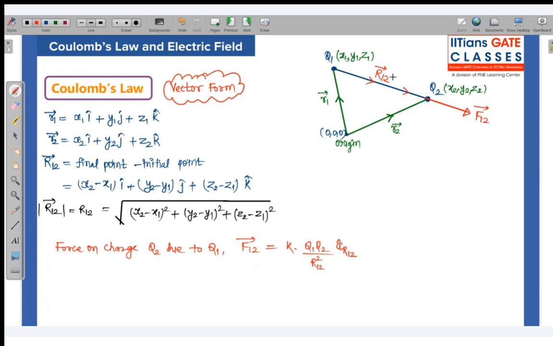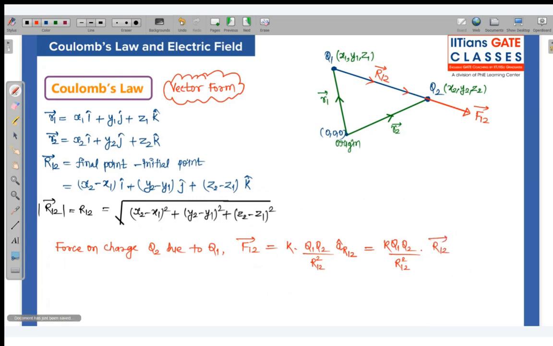The direction of R12 is the unit vector of R12, which is R12 cap. So this is K Q1 Q2 upon R12 square into the unit vector.